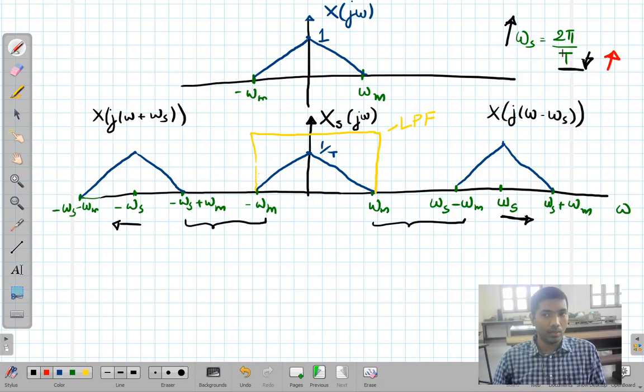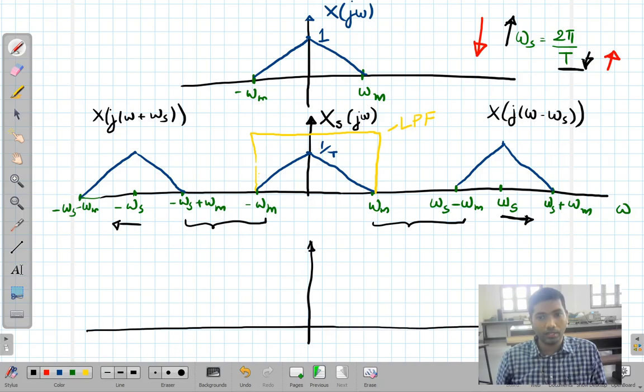If capital T is very high, what happens to omega s? This omega s becomes very small. So I'll try to draw that as well. This is the frequency spectrum of the sampled signal X s of j omega, and here you have omega m, 1 by T. This is plus omega m, this is minus omega m.